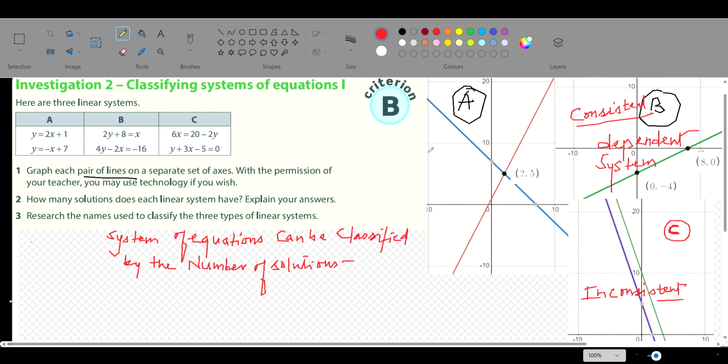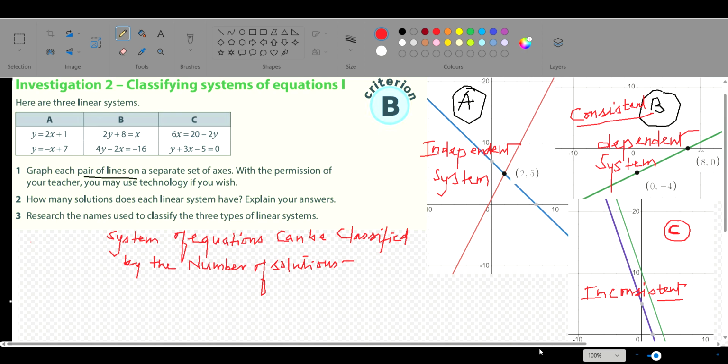And what is the independent system? An independent system is one which has exactly one solution. So these are the names based on the number of solutions. Independent system, dependent system, but these both are consistent when they have a solution, and inconsistent when they have no solution.